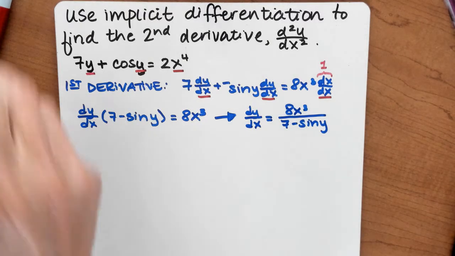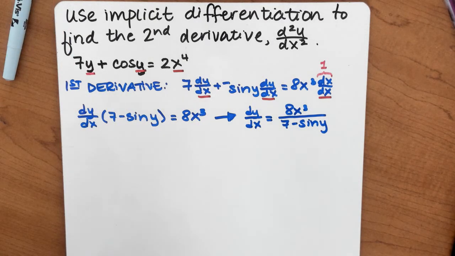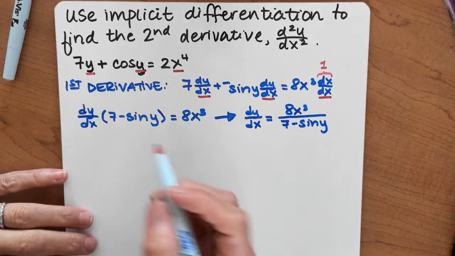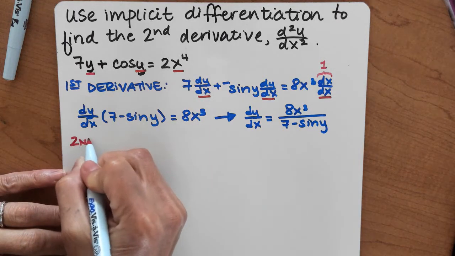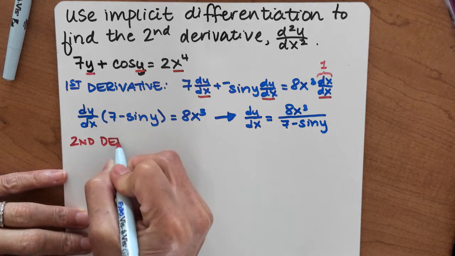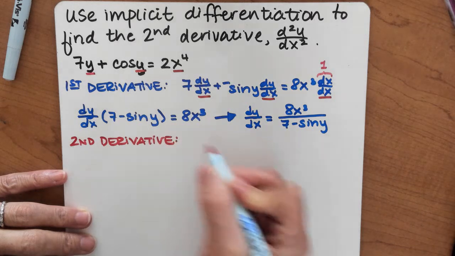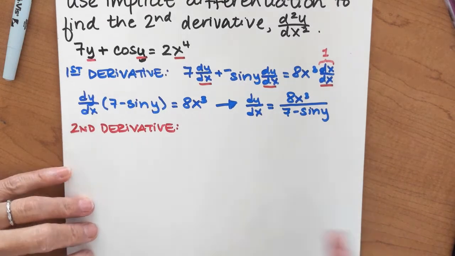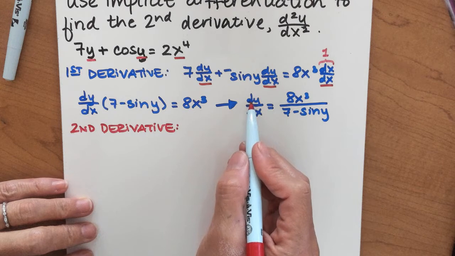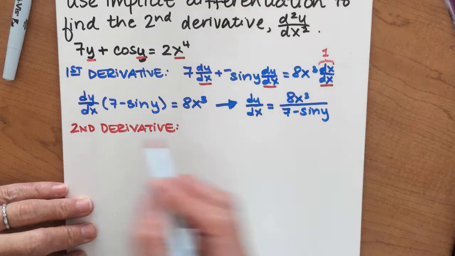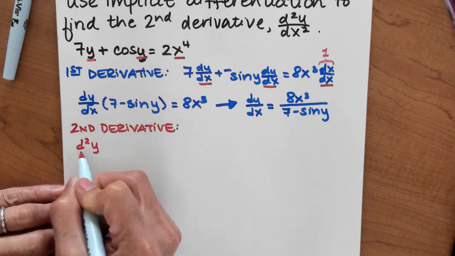Alright, now I'm ready to find the second derivative. The notation is d squared y dx squared for the second derivative.